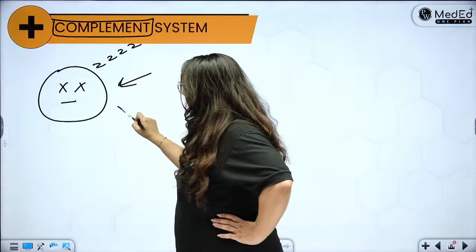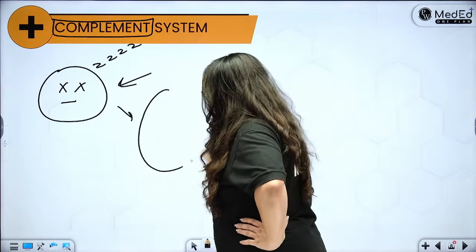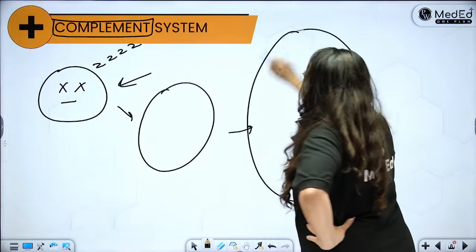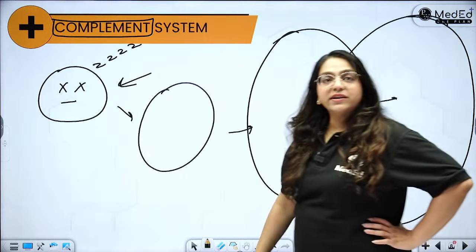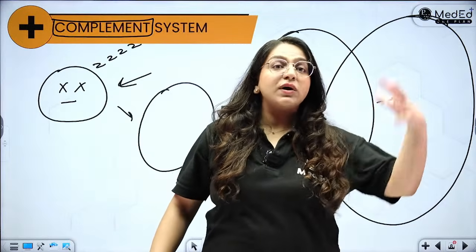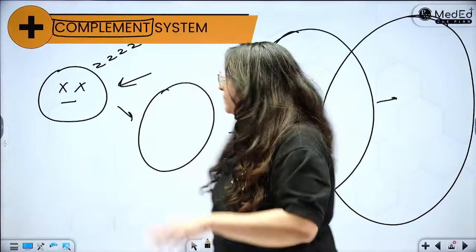Now he is kicking other guys. The other guy that he kicked gave a bigger reaction. When he kicked another guy, an even bigger reaction came. So what is this? This is a cascade effect. When one thing leads to another, there is a snowball effect. That is complement activation.